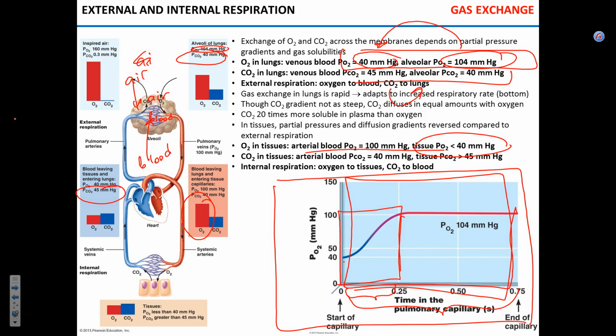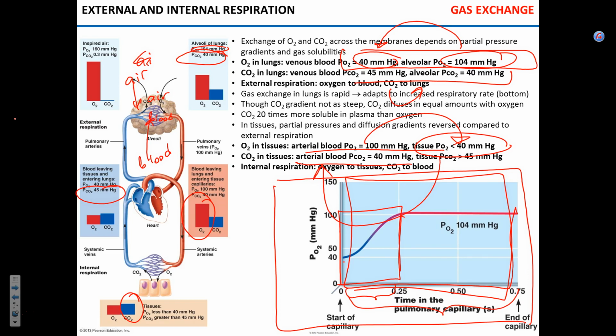To the tissues. Oxygen will go from the blood into the tissues. And in terms of CO2, concentration of CO2 in the blood is 40. Concentration of CO2 in the tissues is 45. CO2 will go where? To the blood.